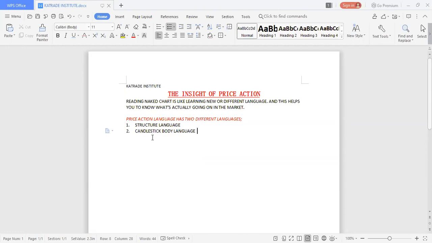When I say structure language, it is whereby price is giving flags, a double bottom, a double top, a triple top, an inverse head and shoulder, and the head and shoulder patterns. That's what you call the structural language.